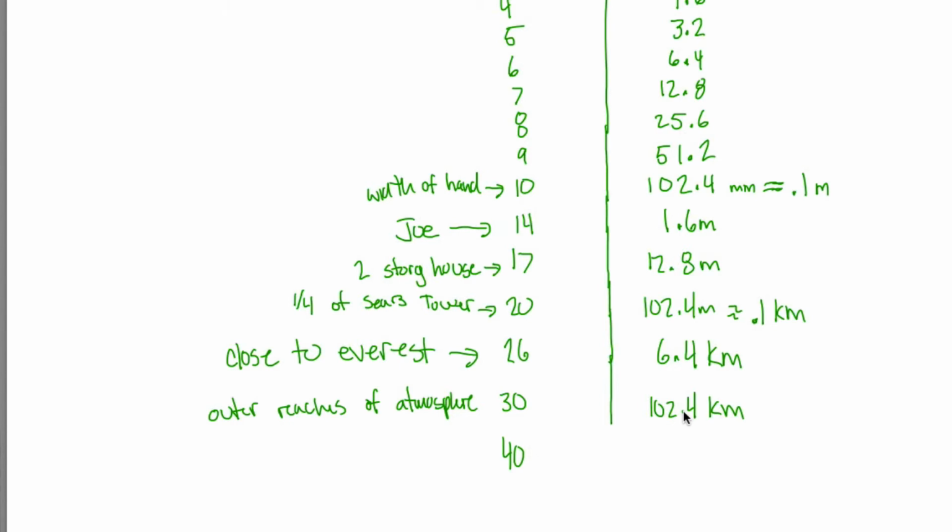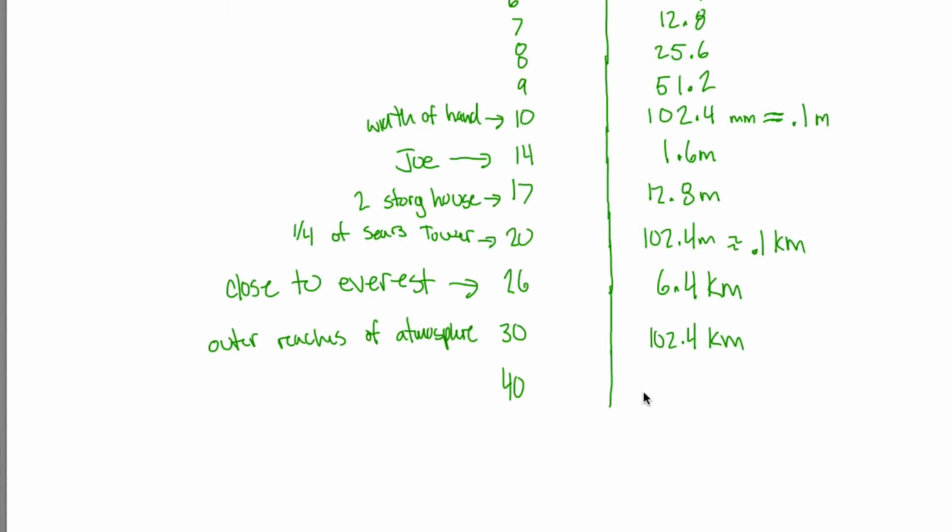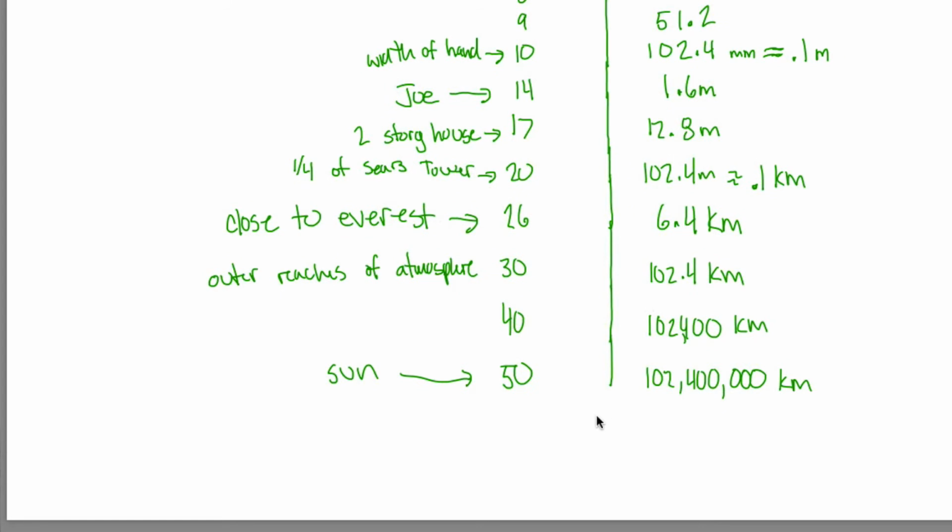And from 30 to 40, I'd move my decimal place to the right 3 more times, and I get 102,400 kilometers. 102,000 kilometers sounds like a lot, but I don't have anything to put it into context with. But if I move the decimal place 3 more times, I'm at 102,400,000 kilometers. It turns out that that is roughly the distance to the sun, or so Wikipedia tells me.